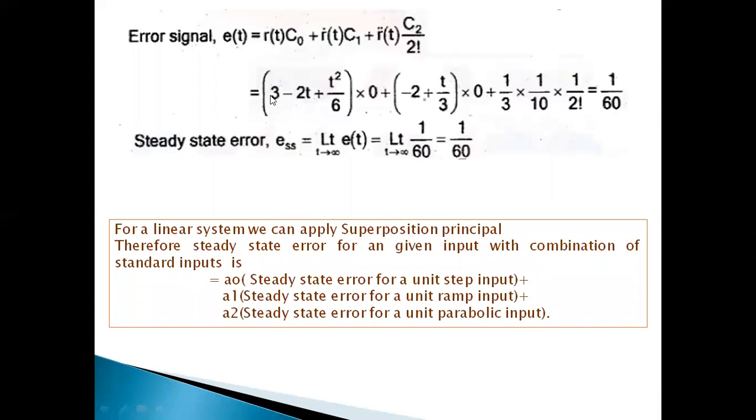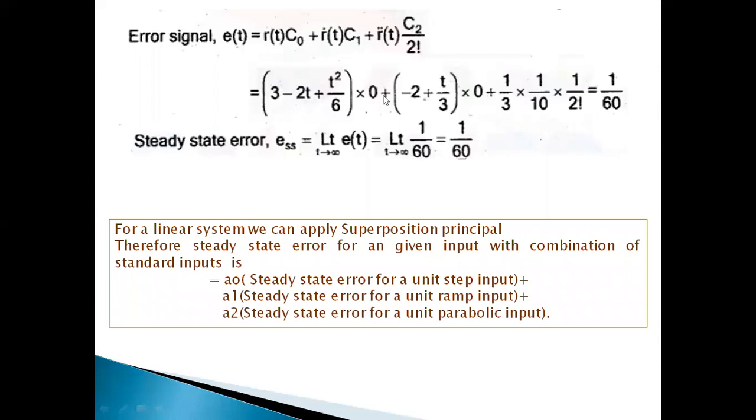So here R of t is the first input signal. R dot of t is already we have differentiated and kept the value. So that is minus 2 plus t by 3. For R double dash, so second derivative, you will get a constant value 1 by 3. Substitute C0, C1, C2, you will get the error function.